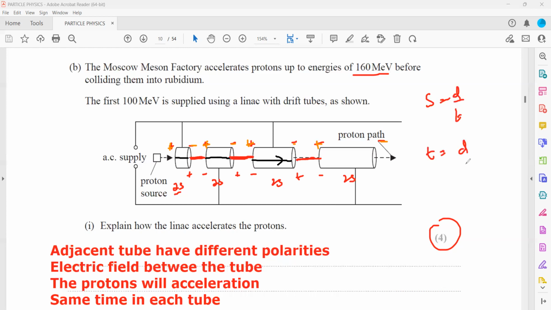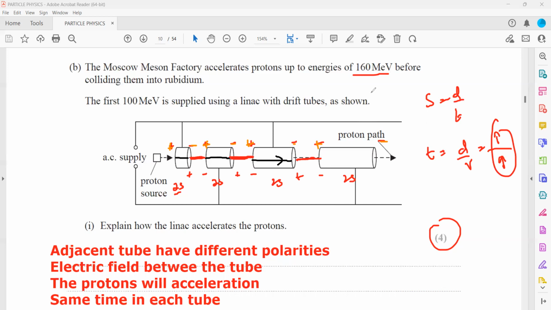So time is distance divided by speed. The distance is increasing, speed is also increasing. So the ratio between them remains constant. That's why the protons will take the same time in each tube. And so when they're taking the same time in each tube, whenever they reach one end of a tube, they will always receive the same polarity. So they will accelerate. We can accelerate this proton to about 100 mega electron volt.